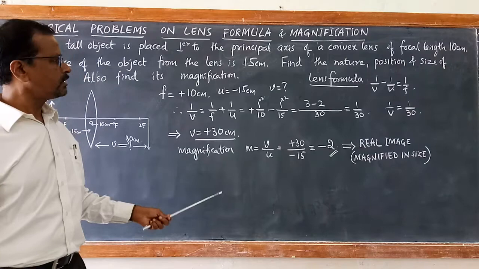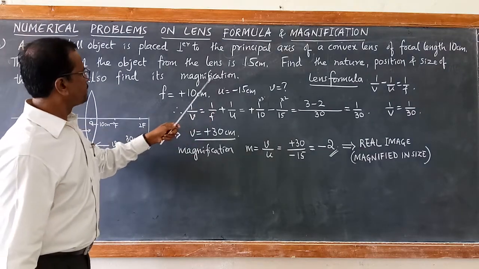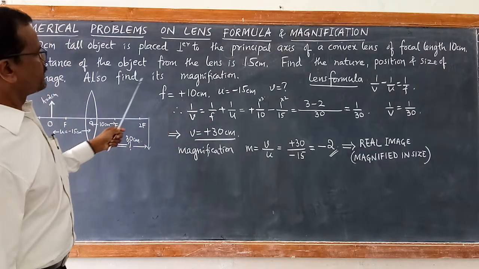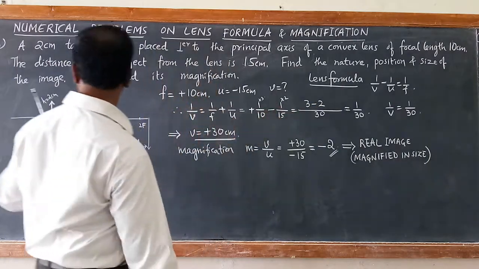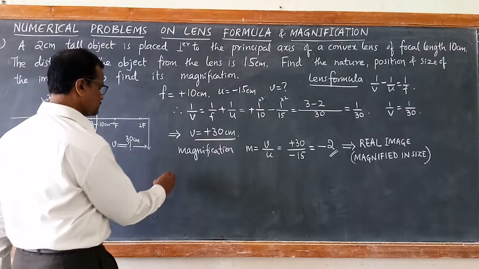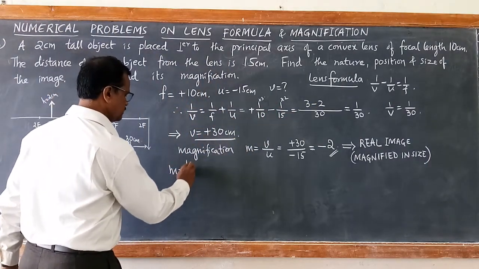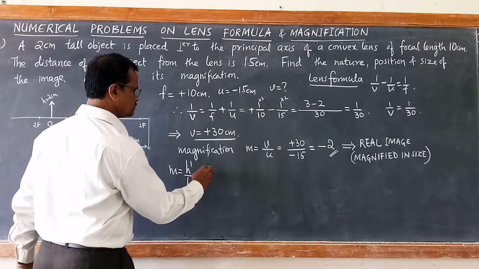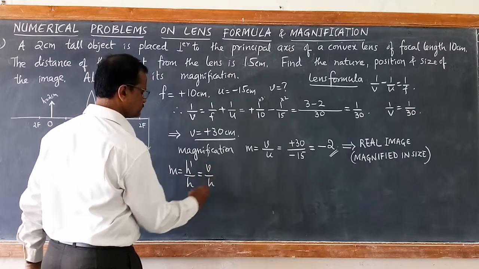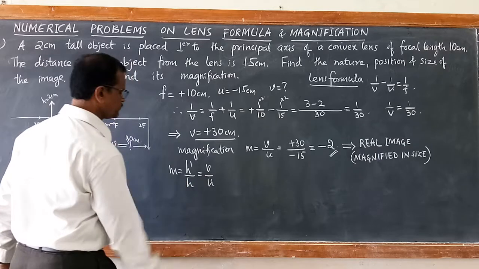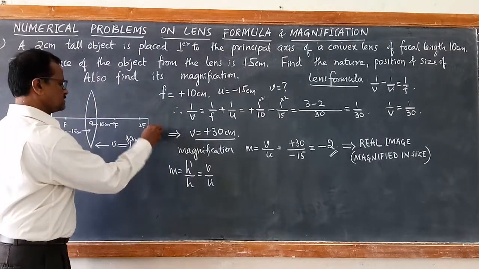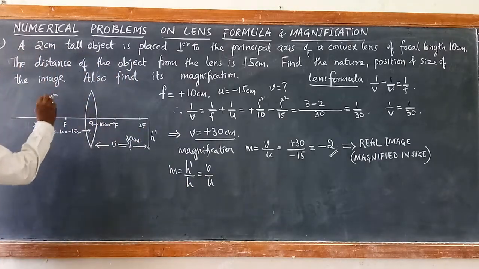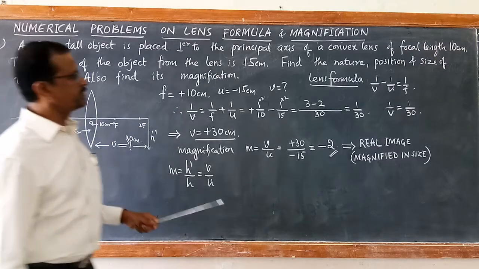Now you can find out the size of the image. We know that m is equal to h dash by h, that is equal to v by u. We want to find out what h dash is. This is the height of the image and h is the height of the object. h is given here.